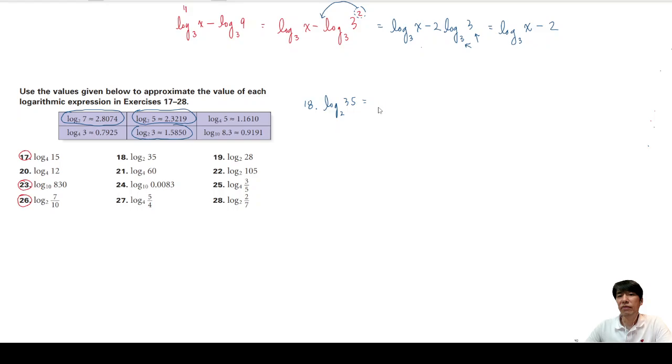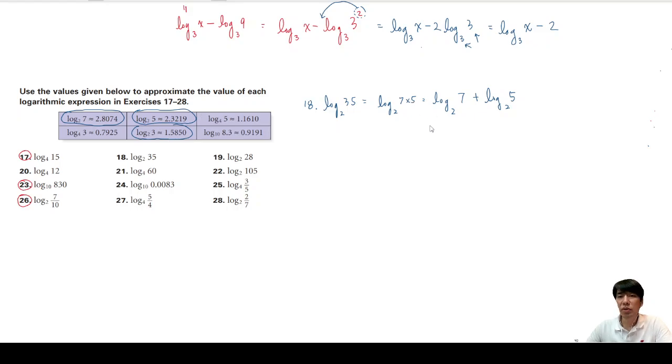So 35 is just log base 2 of 35, and 35 is 7 times 5. Using the log property, we can separate this log into two logs: log base 2 of 7 plus log base 2 of 5.